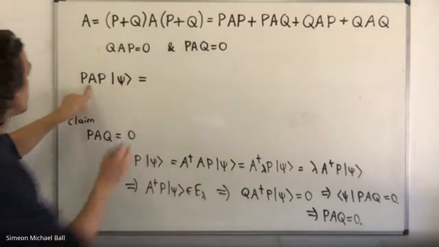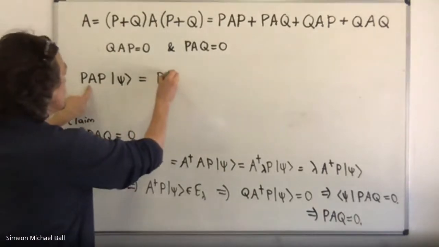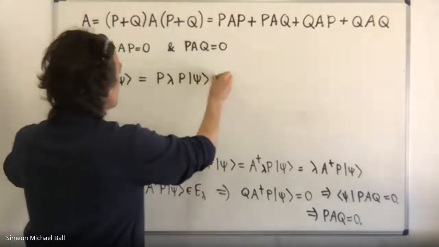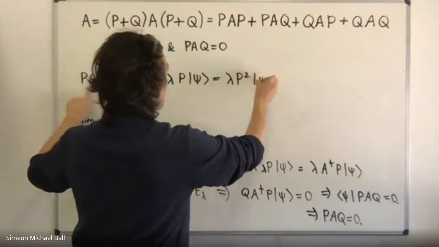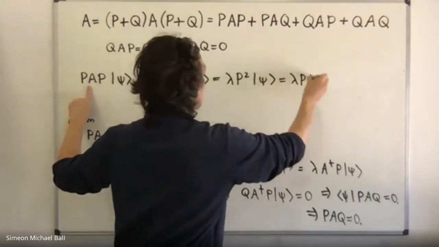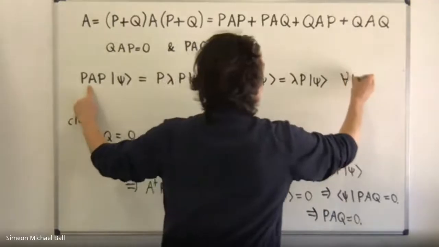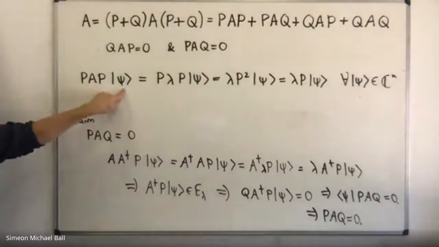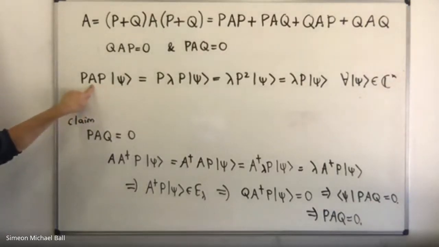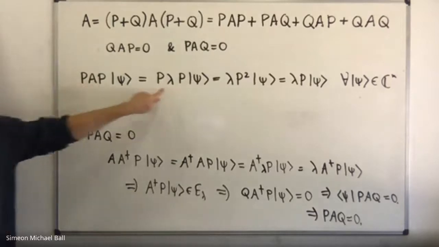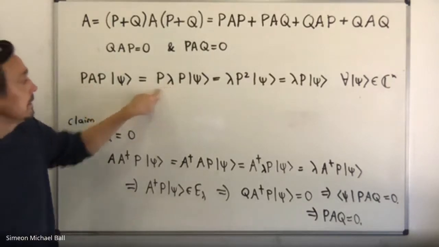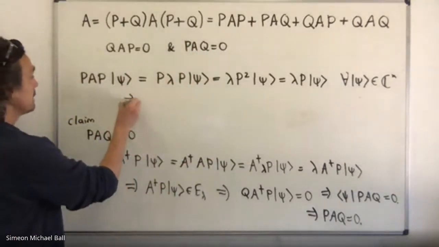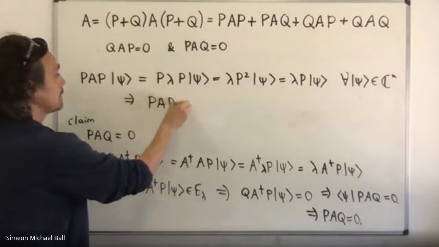So when we apply the A, we're going to get lambda P phi, for all phi in the space. Okay, so we apply the P, we map it down into E lambda. When we apply the A, since E lambda is the eigenspace of eigenvalue lambda, that's just multiplication by lambda. Lambda comes through, P squared is equal to P. So we proved that PAP is just lambda P.